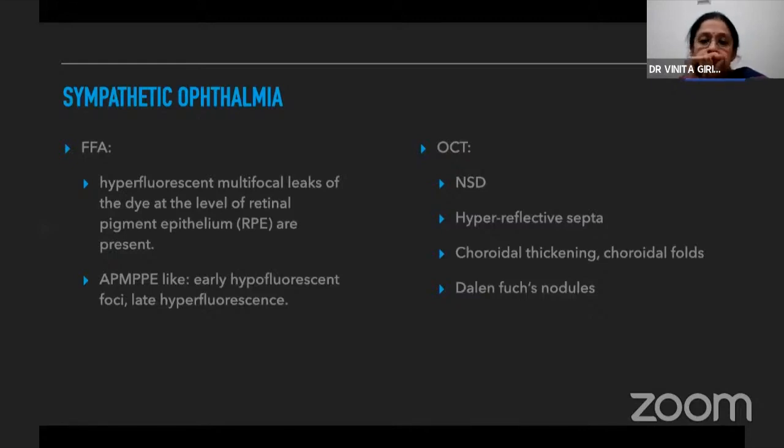Also, there will be more choroidal involvement, like choroidal thickening or loss of the vasculature, or even demonstration of the Dalen-Fuchs nodules, which is seen in sympathetic ophthalmia.